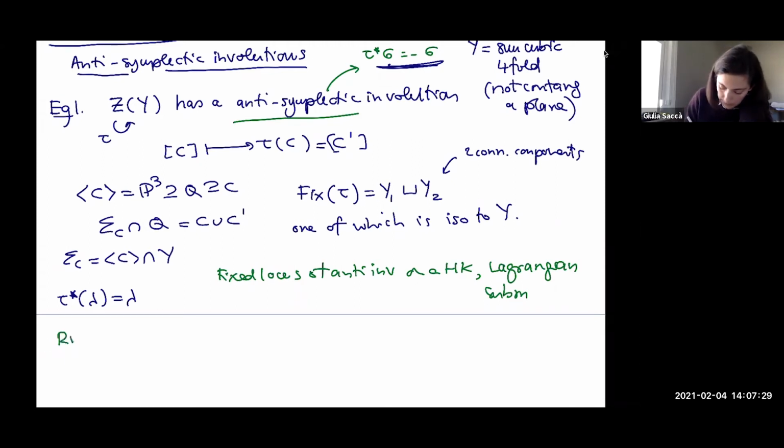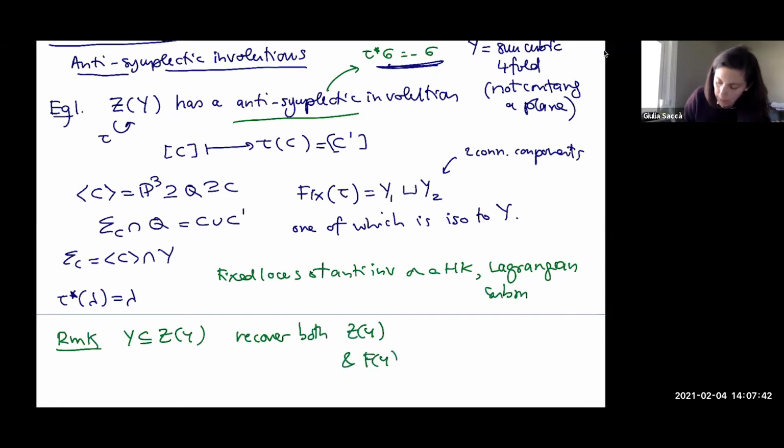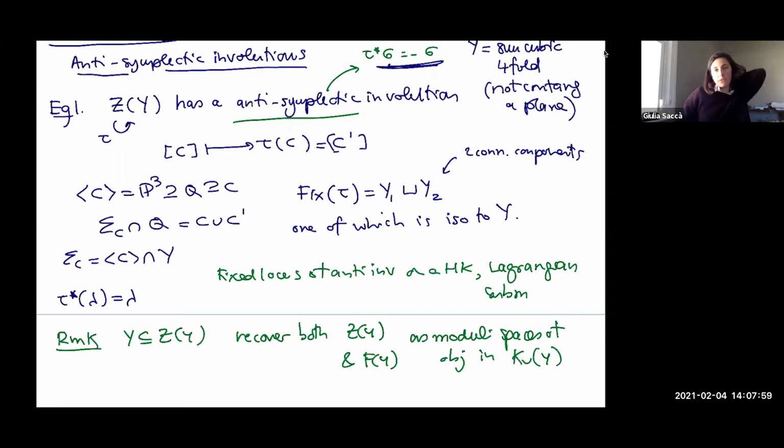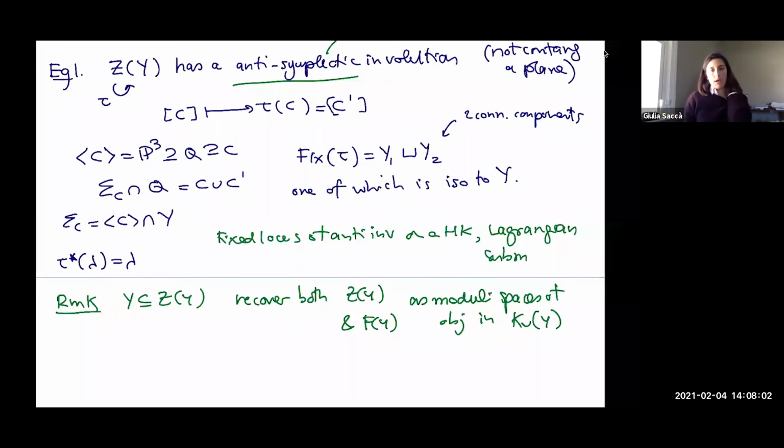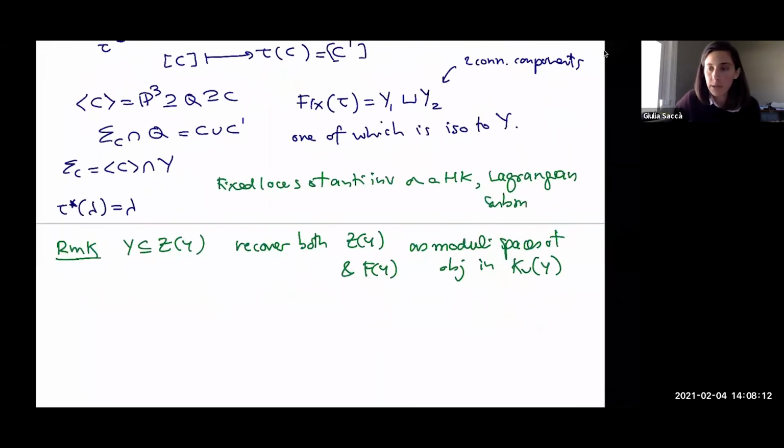The remark, in this case, is that you have this fixed locus of the involution, and you recover both Z of Y and F of Y as moduli spaces of objects in the Kuznetsov component of Y. Okay, so this is the general picture that we're aiming at, most of which will be only conjectural, but we have some first results in this direction that I will mention. Okay, so that was a good example.